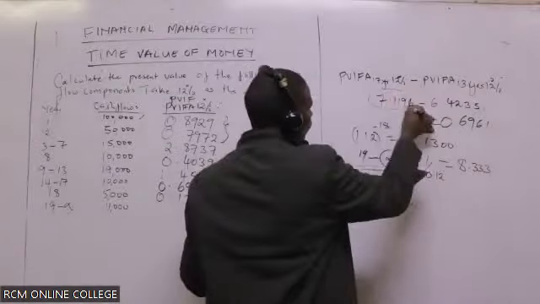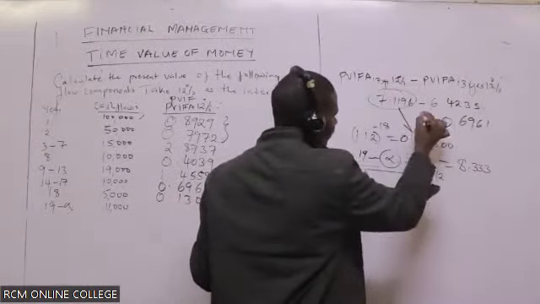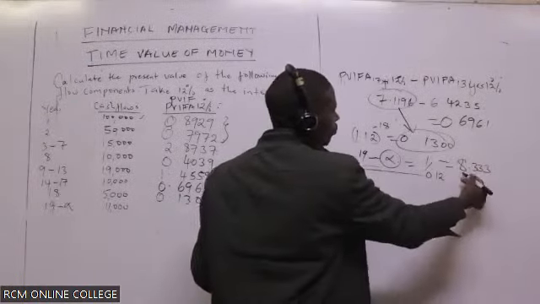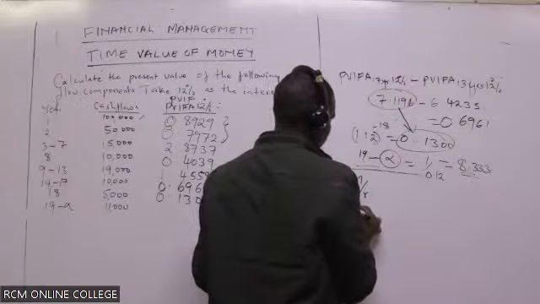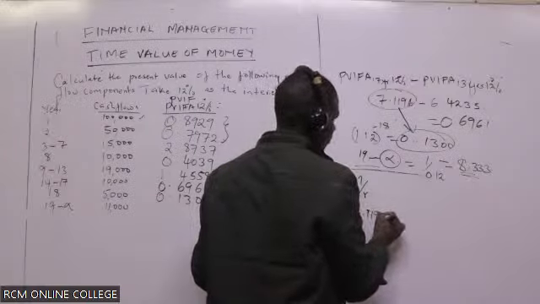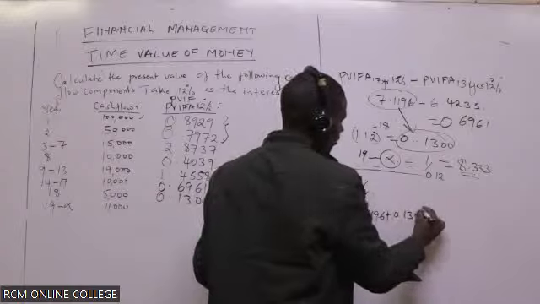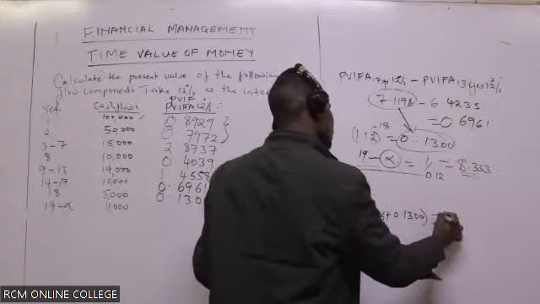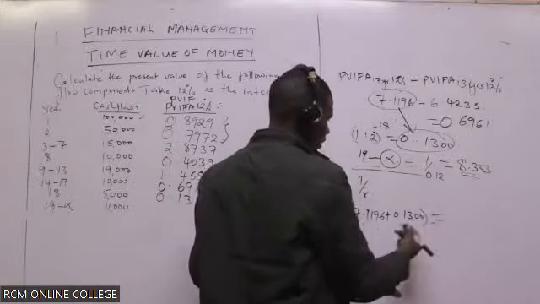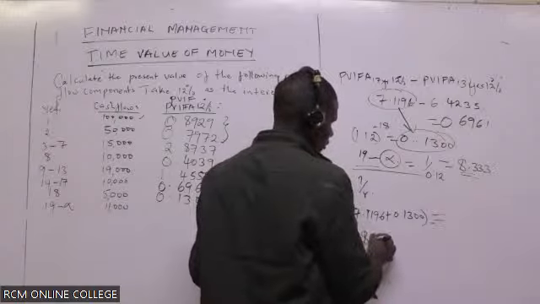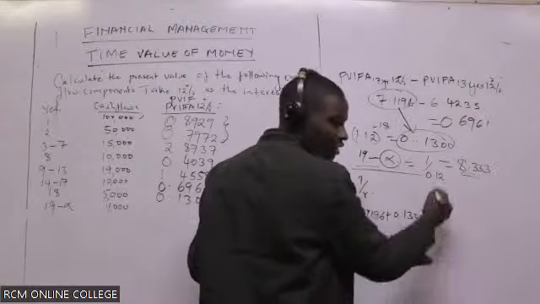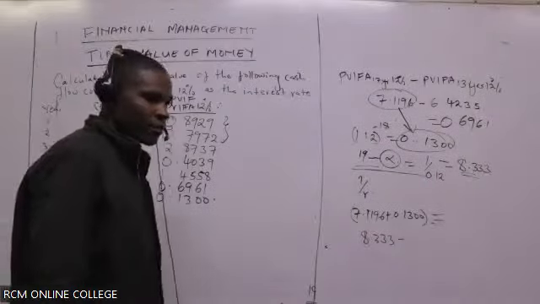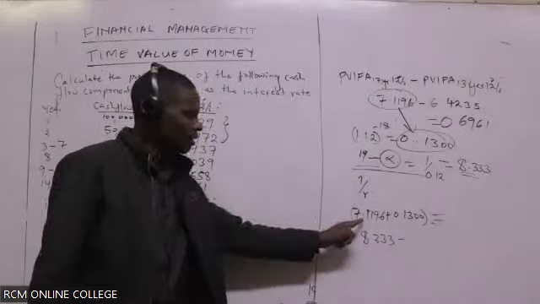The 17 years was this; I add the 18th, so I already have up to year 18. After adding, I subtract from 8.333: 7.1196 plus 0.1300. That one is for 18.